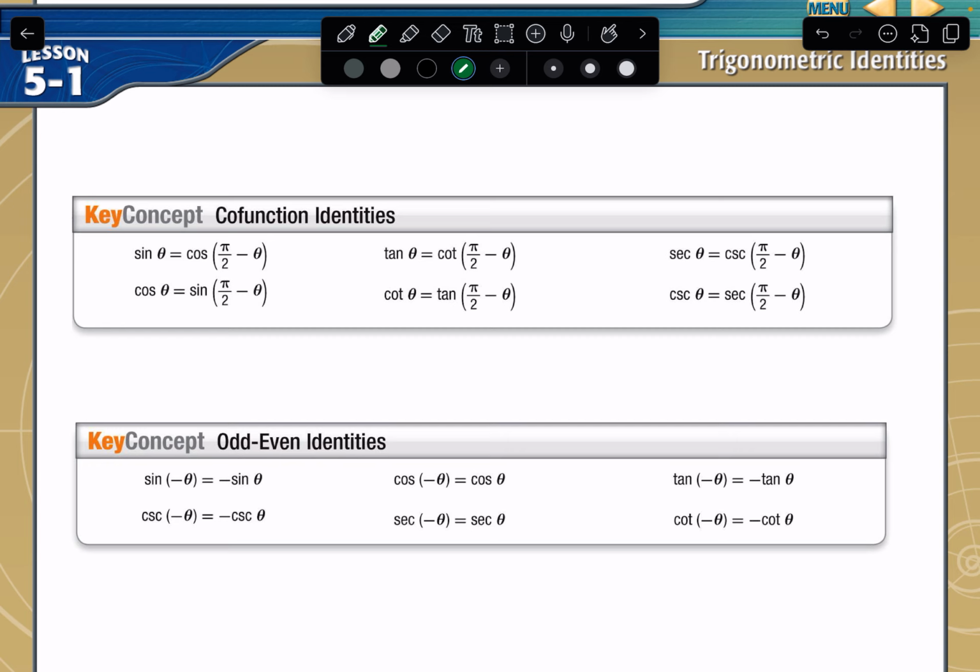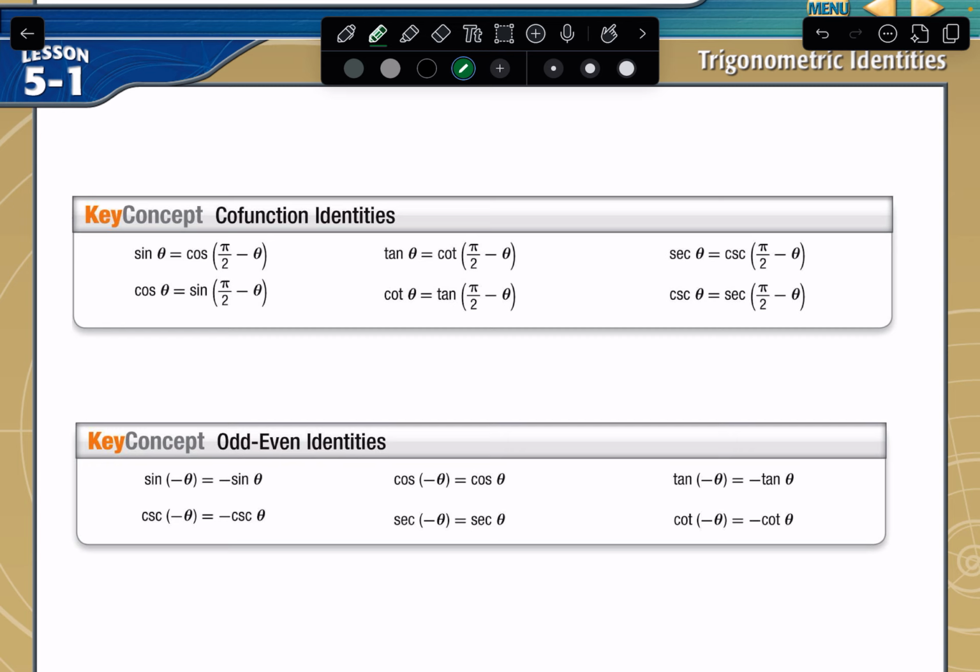Before we get into example 4, there are more identities. If you already have your orange paper, you see all of these identities. The other identities that are given to you are what are called co-function identities and then odd-even identities. These are going to come up as well.